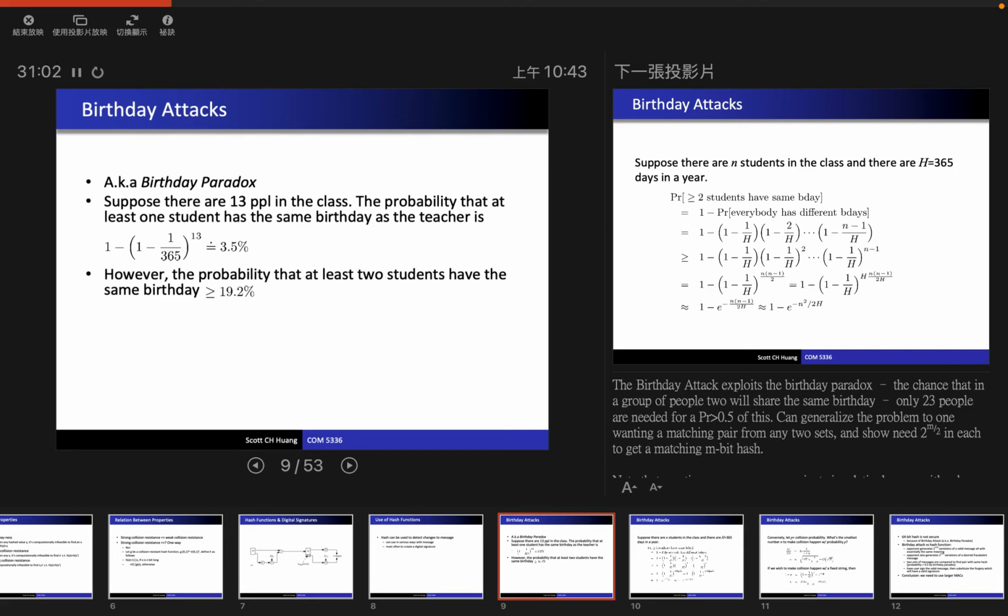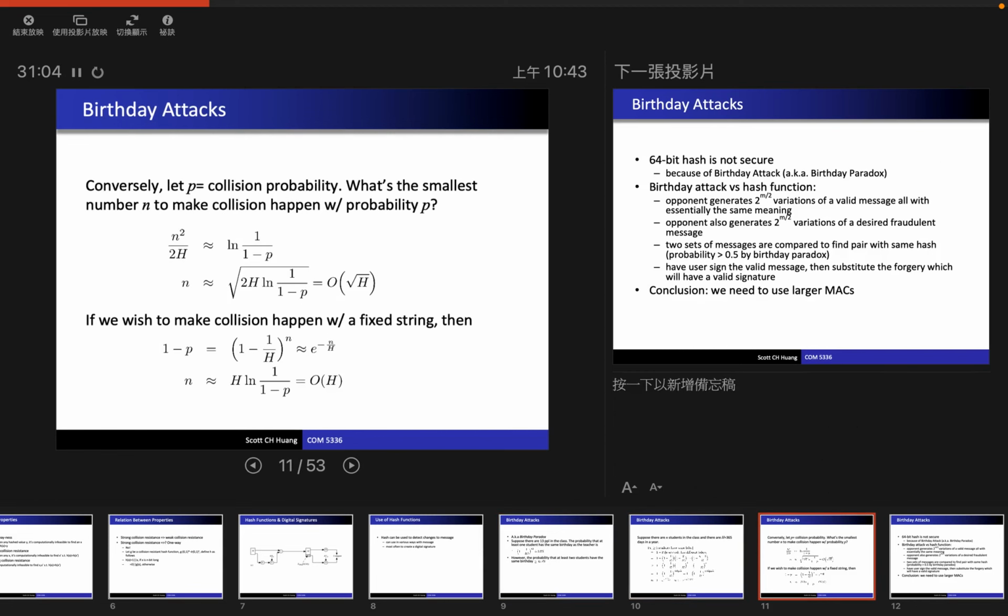Give me the P, the probability that somebody shares the same birthday with me. Let's organize this a little bit. We move this P to the left, and then we move this to the right. Now it becomes this.